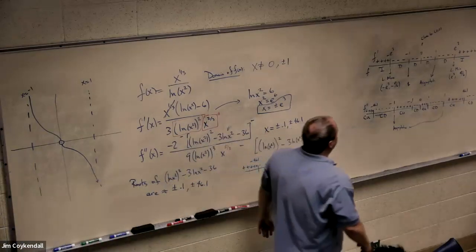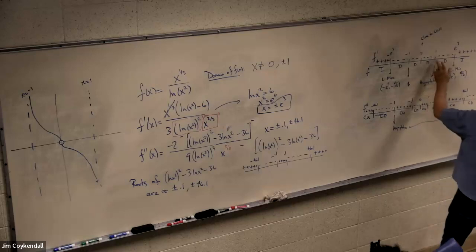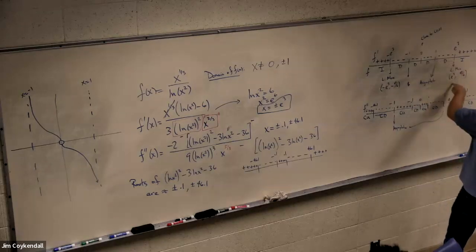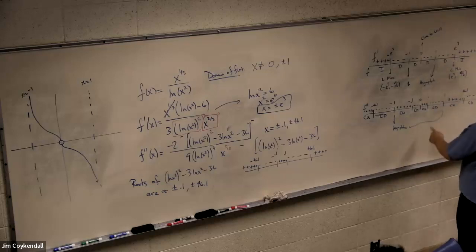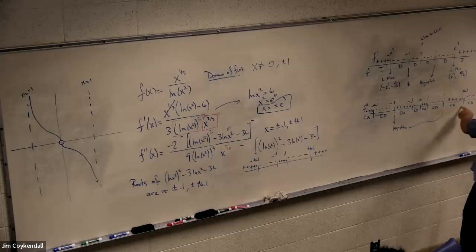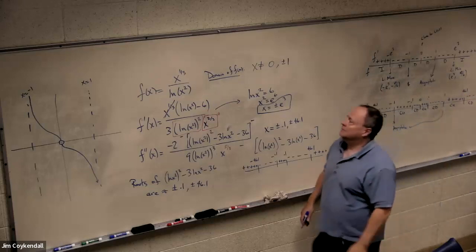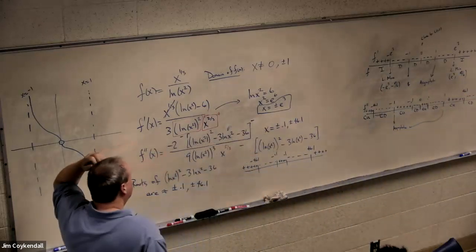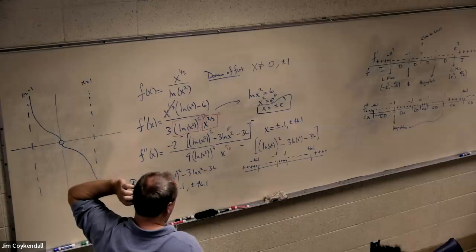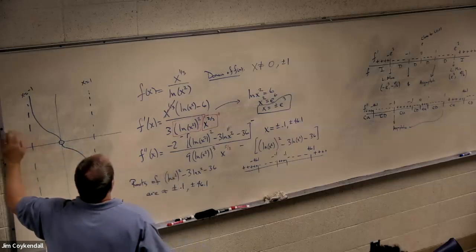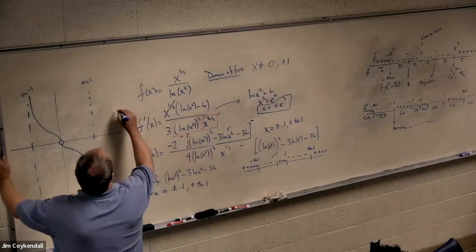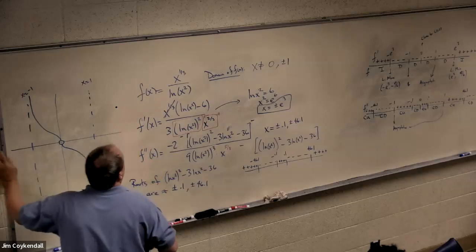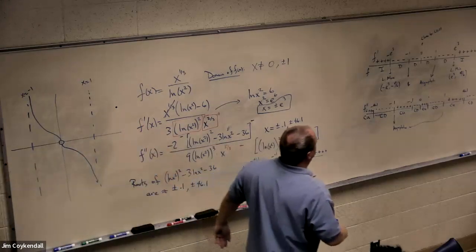Now, what happens beyond 1? Well, it's decreasing until it hits its local min here, and then it increases. And its concavity is up until it hits 46.1, and then it's down. So it should do something like this. Let's say this is e squared. There's your local min.